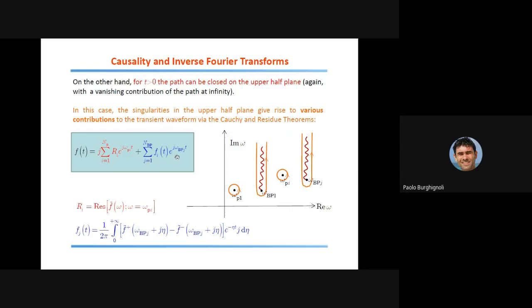These are in the form of an exponential e to j omega branch point times t, which is weighted by this modulation function f of t, which comes from the integration around the branch cut. So basically we have a representation of the time domain waveform in terms of pure sinusoids in red and modulated sinusoids in blue.